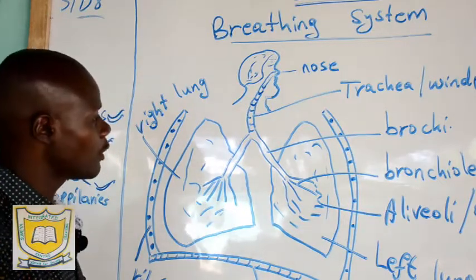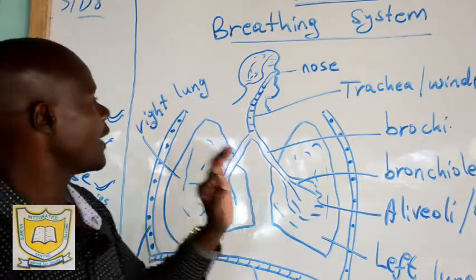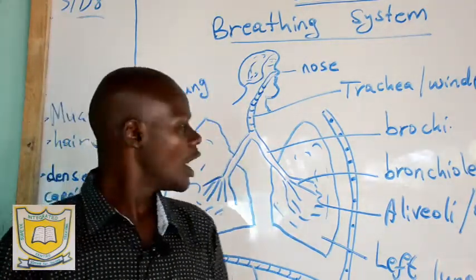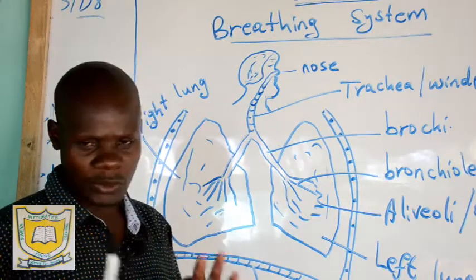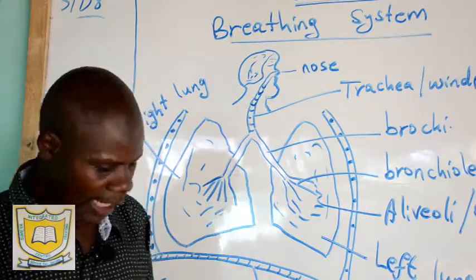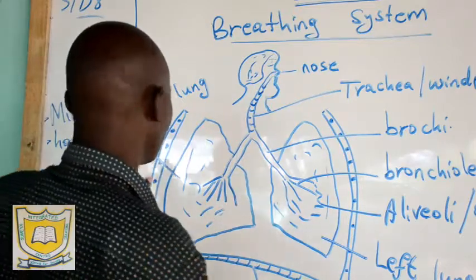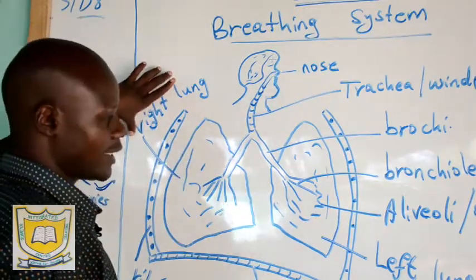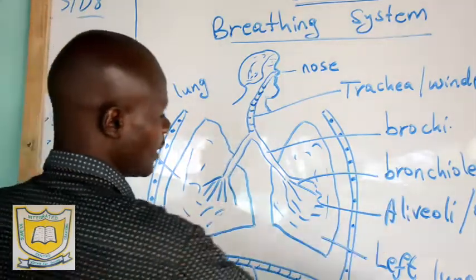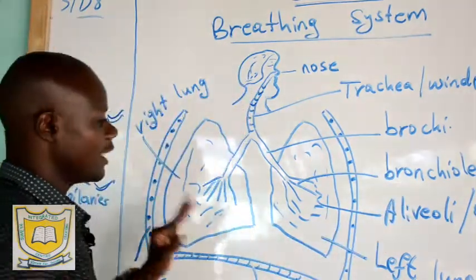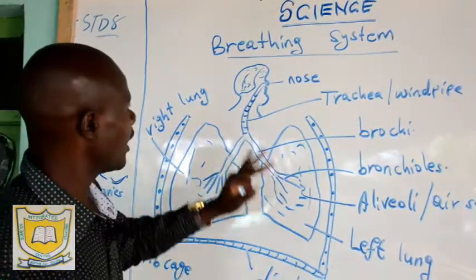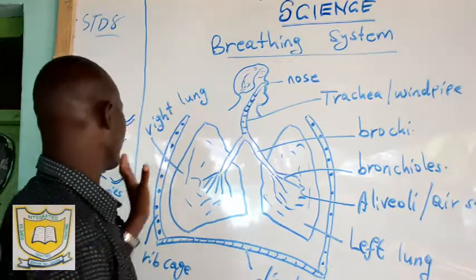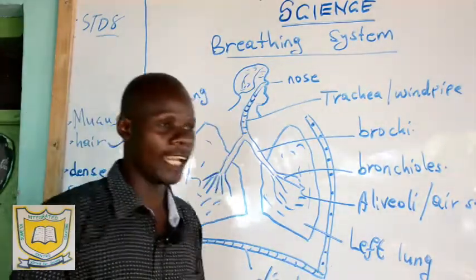When you are drawing the human body, that is the breathing system, digestive system, and also circulatory system, your left hand side is the right part, and your right hand side makes the left part. So this one is the right and that one is the left part.